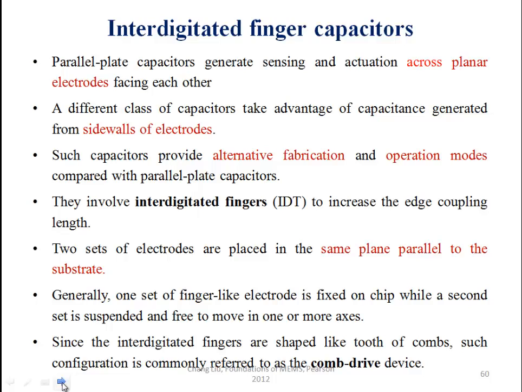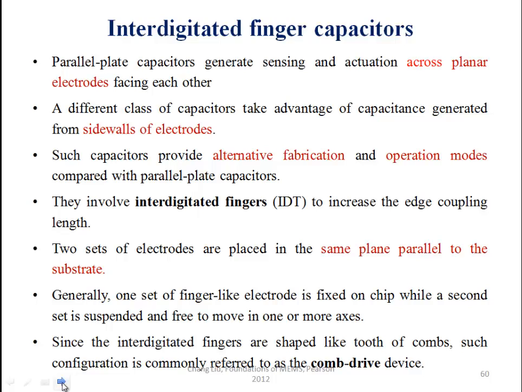So here we are using two sets of electrodes, and these two sets are placed parallel to each other on the same substrate, and one set of finger like electrodes is fixed while the other set is suspended, and it is free to move in either one or two axes.